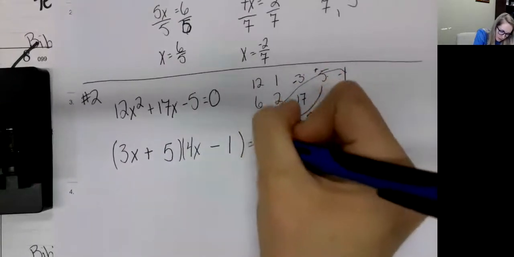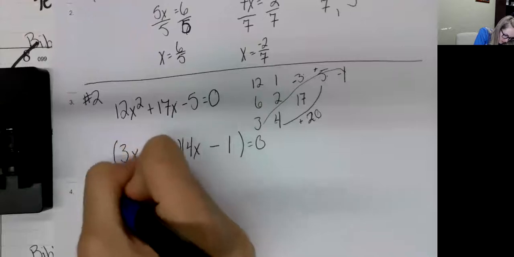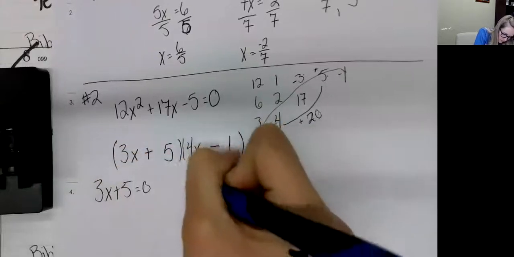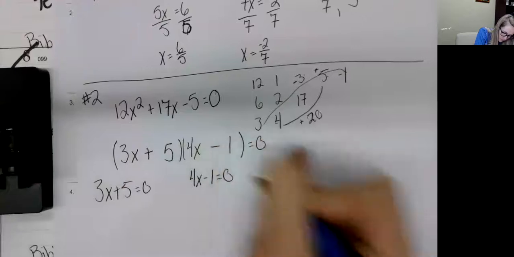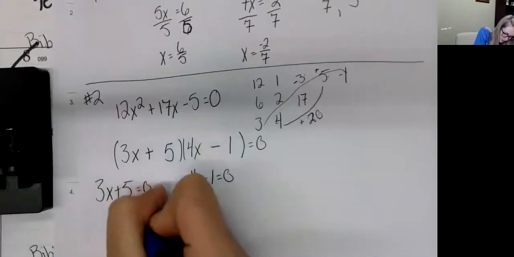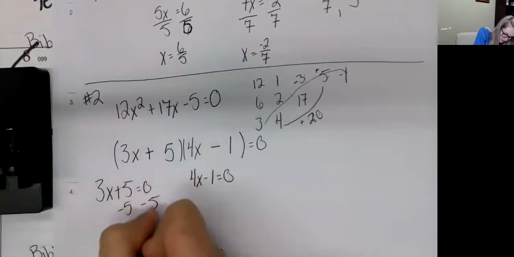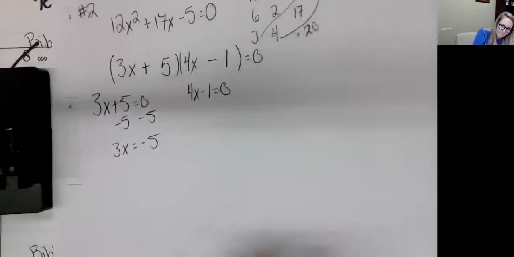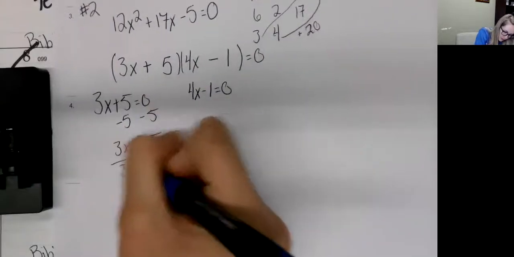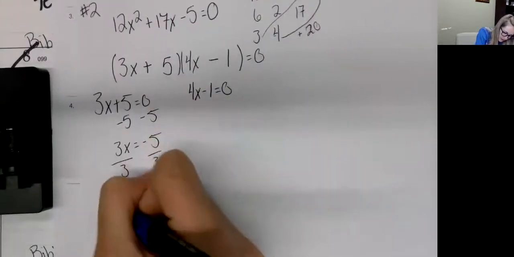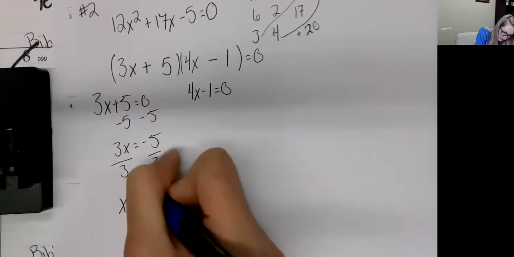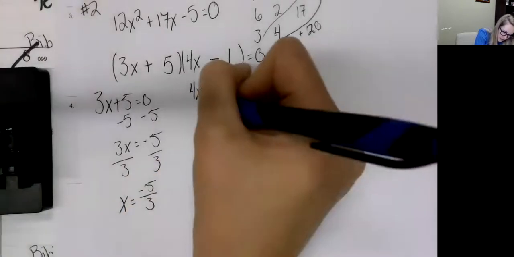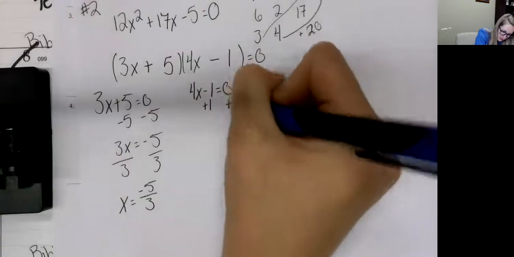And then this is equal to 0, so I'm going to split them up. I have 3x plus 5 equals 0, and 4x subtract 1 equals 0. And then I'm going to solve them both, so subtract 5. 3x equals -5. Then I would divide by 3 to have x equals -5/3. Add my 1 here.